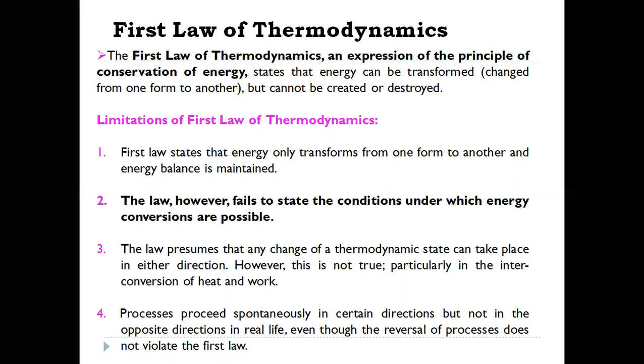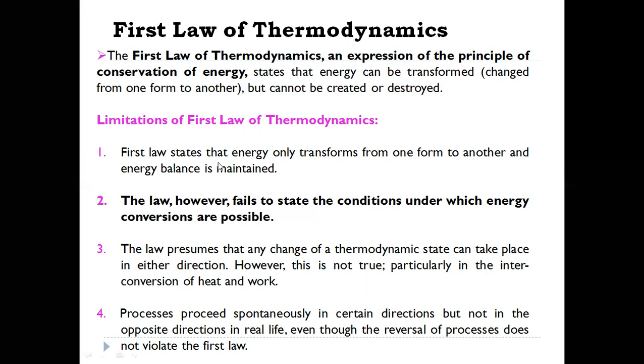Coming to the limitations of the first law of thermodynamics, it only transforms one form of energy to another form of energy. That means heat is converted to work or work is converted to heat. It only maintains the energy balance. This is the limitation.